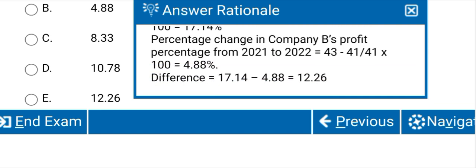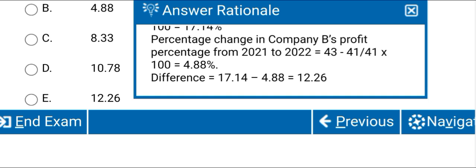Percentage change in company B's profit percentage from 2021 to 2022 equals 43 minus 41 divided by 41 multiplied by 100 equals 4.88%.